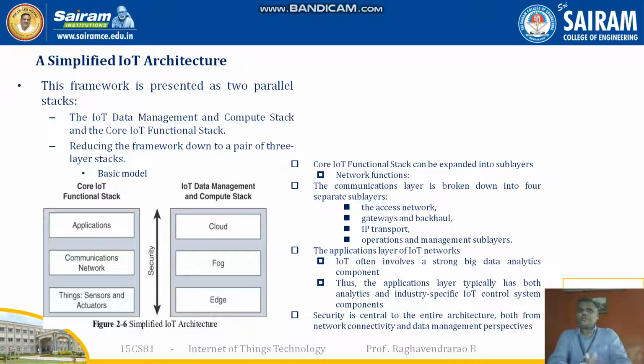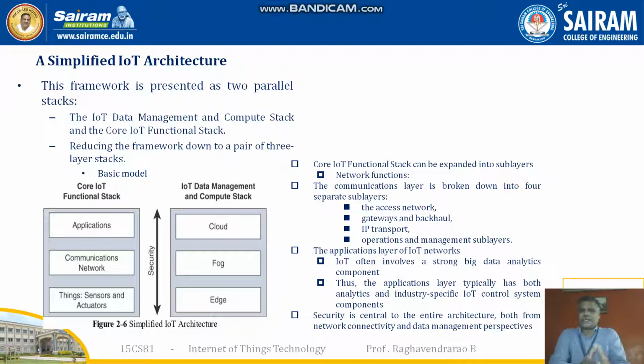Now this is the basic model. The applications are there, the communication network is there, things are there. The similar layers here are cloud, fog and edge. Things come under the sensors and actuators, where the edge data is going to be present.